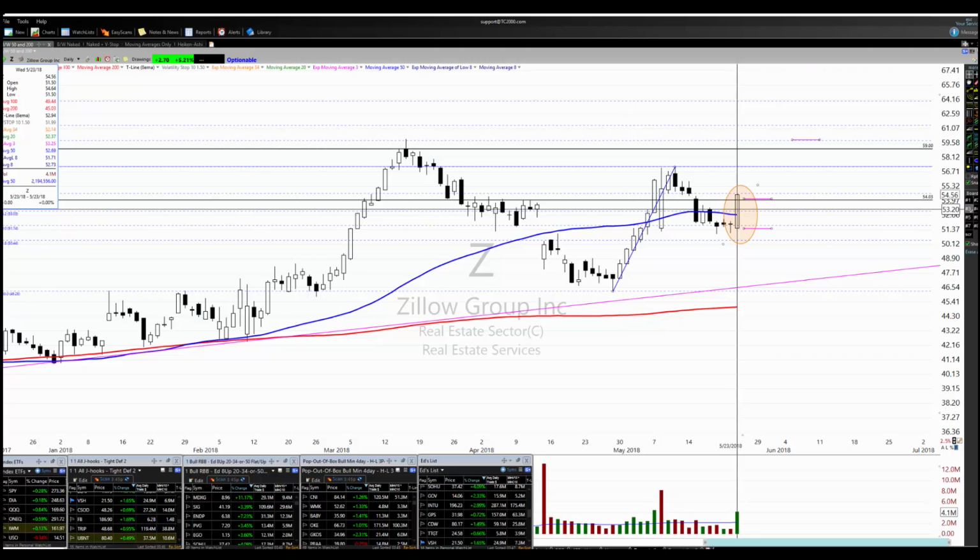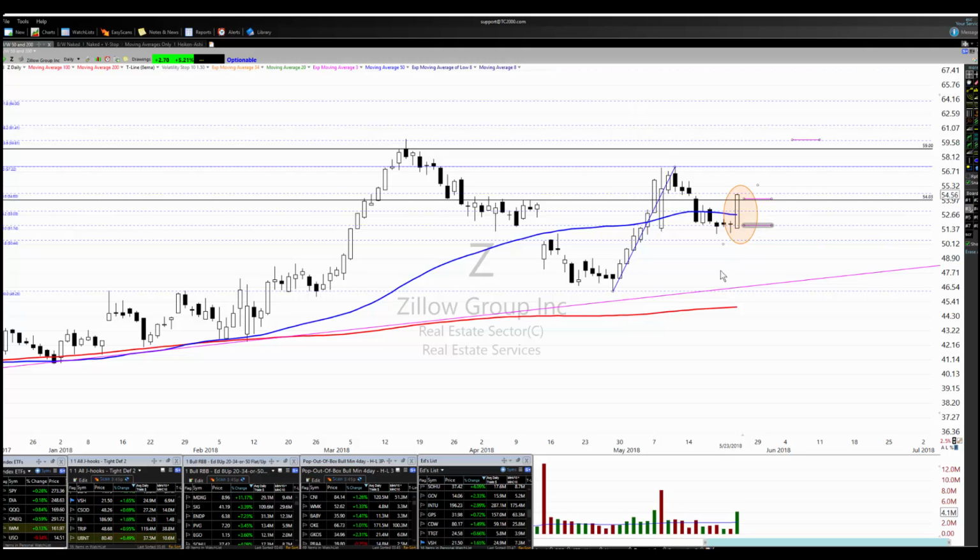V-stop says we should be at 51.99, which is pretty close to where I had it, actually a little bit above it. So right in here is where the V-stop says. And let's pull that down just to be conservative. Let's see what that looks like. Entry. Stop.